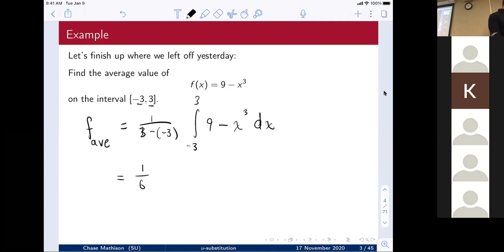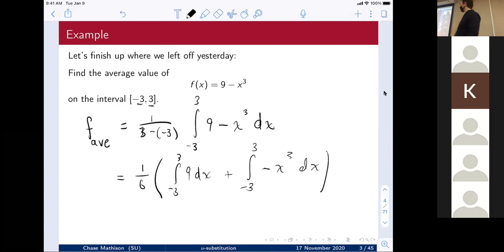And then I can break up this integral into 2 pieces, right? This is the integral from -3 to +3 of just 9 dx, and then plus the integral from -3 to +3 of -x cubed dx. So I can bring this 9 out in front here, and I can bring this minus out here.